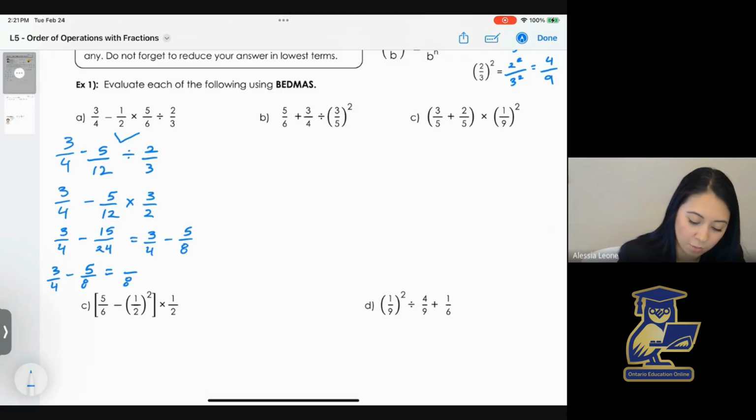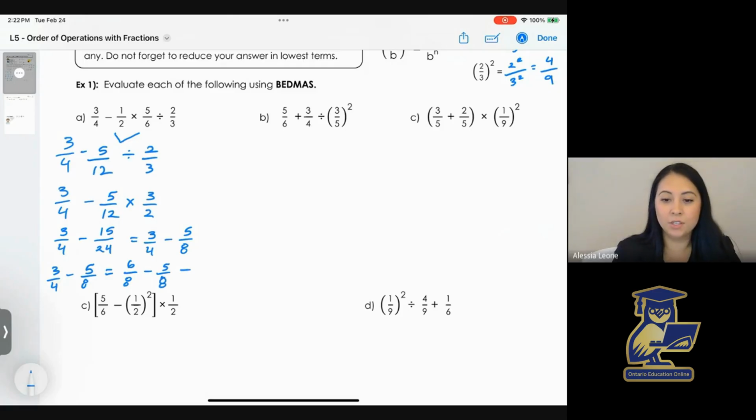That makes our numerator 6, because to get to 8, we times it by 2. 3 times 2 is 6. So then we have 6 over 8, take away 5 over 8. 6 take away 5 is 1 over 8. And that is our answer.